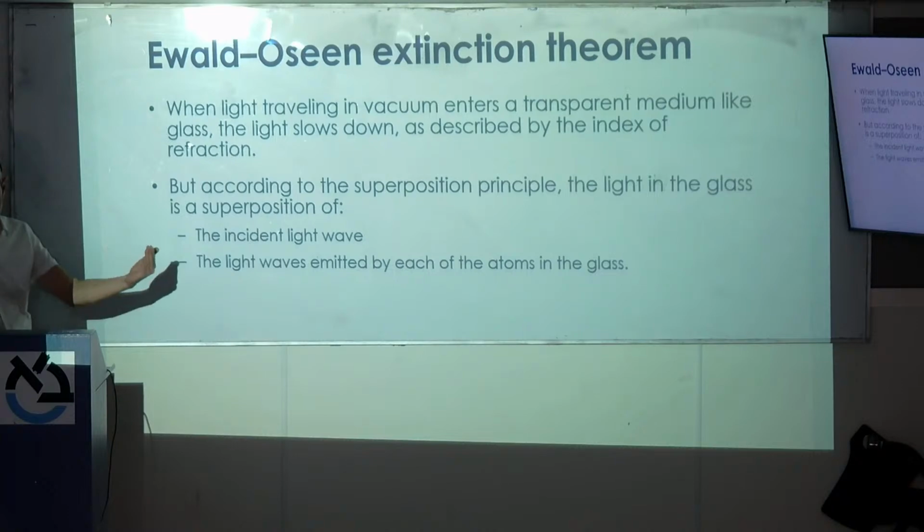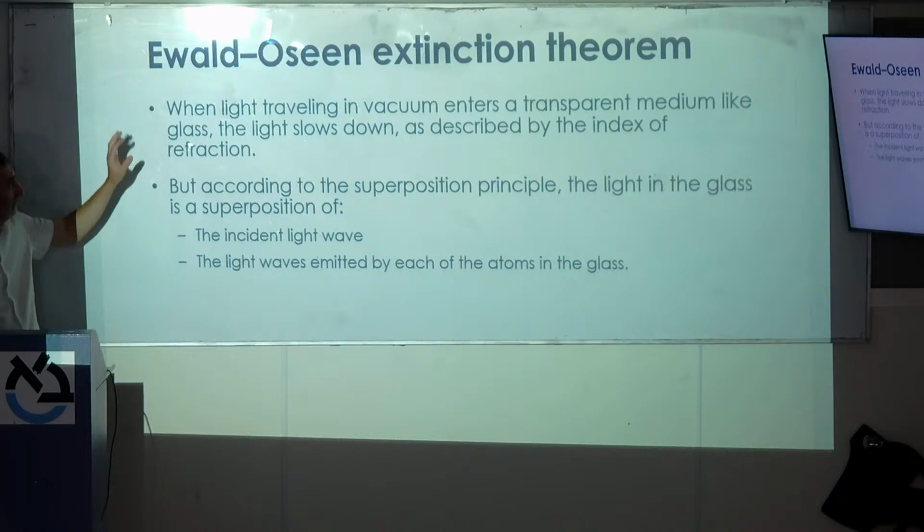Of the incident light wave, and the light that is re-emitted and radiated by each atom, each dipole. So part of the light should go at the speed of light inside the system. At least the incident wave goes through the system at the speed of light. So we should see at least two contributions. So how can we understand that? That's the idea of this theorem.